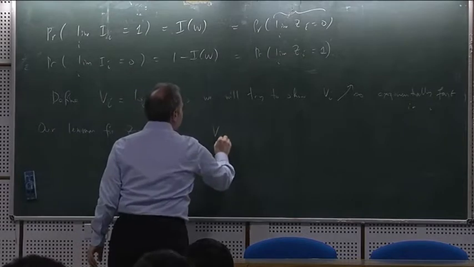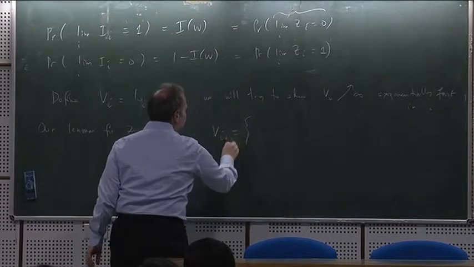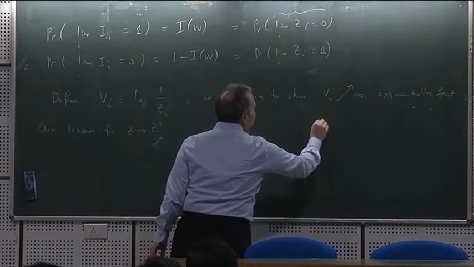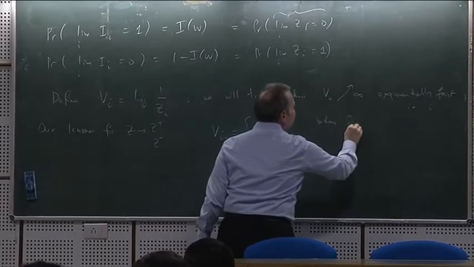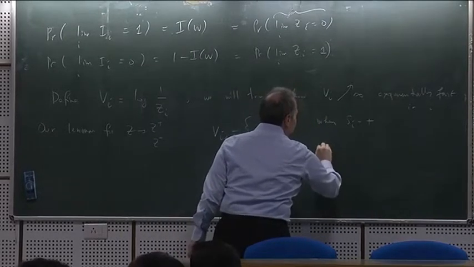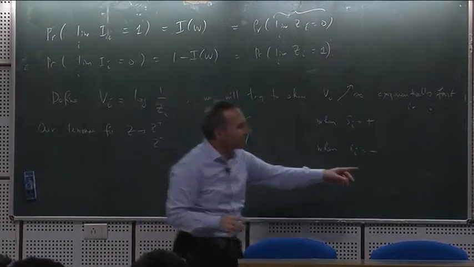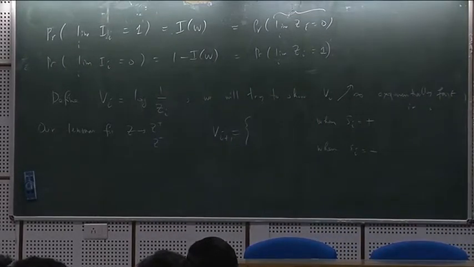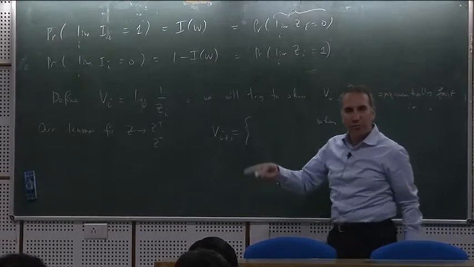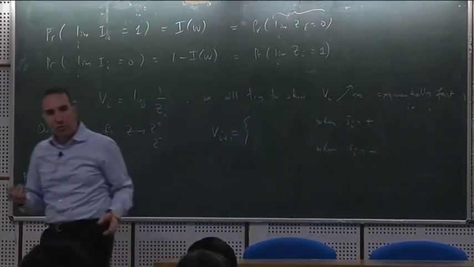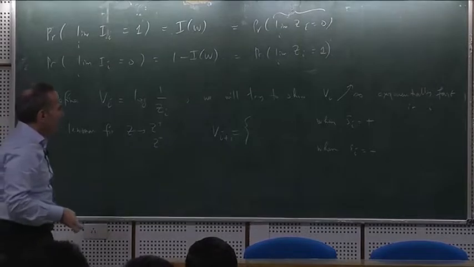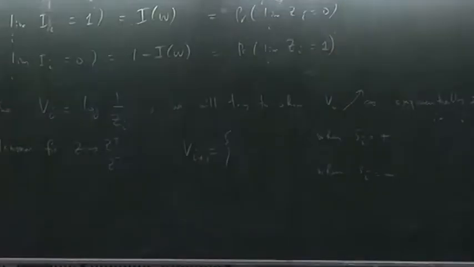So the Vi plus 1, when Si is plus and when Si is minus. Remember, S is the guy who's choosing whether I go up or down at time I. So if Si is plus, you start from the V and start with channel W and you take the plus version of it. If you take the plus version, you have squared your Z, so you have doubled this logarithm.